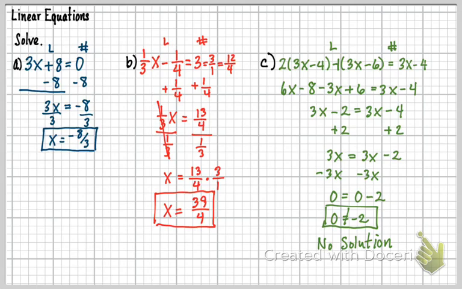Now, for the first one we did, the -8/3, if I plug in -8/3 here and added all this stuff together, then I would get 0 because that's what I have on the other side. So that's how that works. These are actually solutions to these equations. That's another way I can think of it. That's why we say solve.